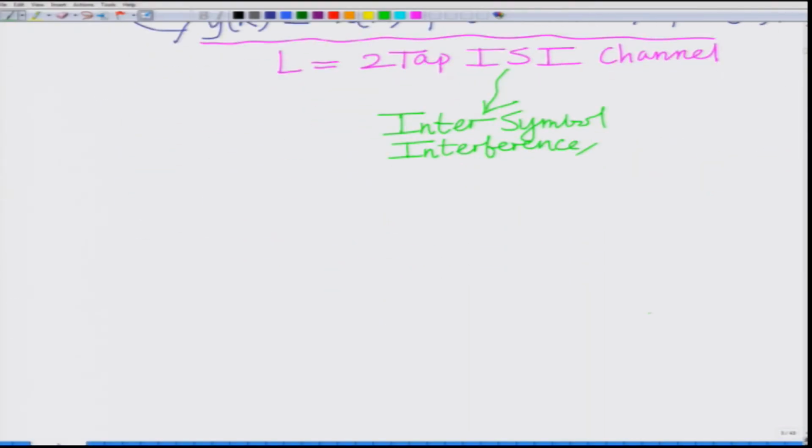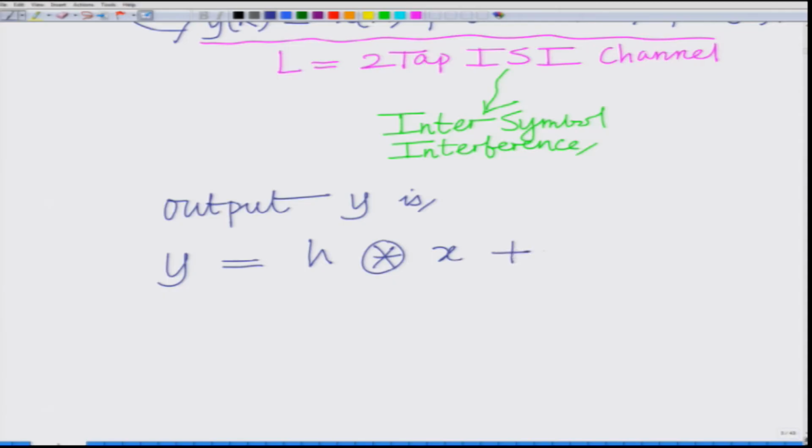Now, when I transmit the cyclic prefix added symbols, we know that the channel operation, basically the linear convolution, becomes a circular convolution because of the addition of the cyclic prefix. Therefore, the output y can be represented as h circularly convolved with x plus v.